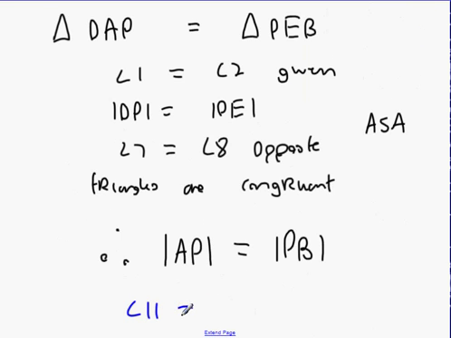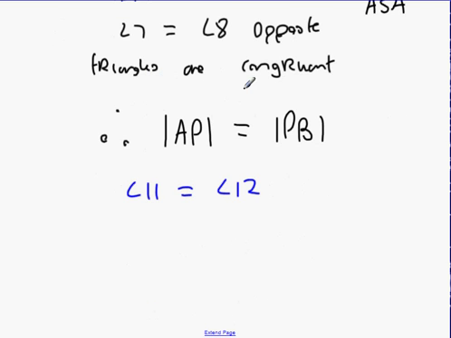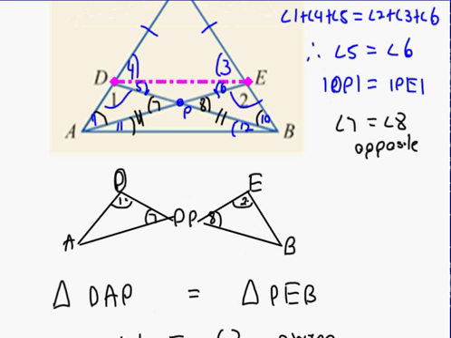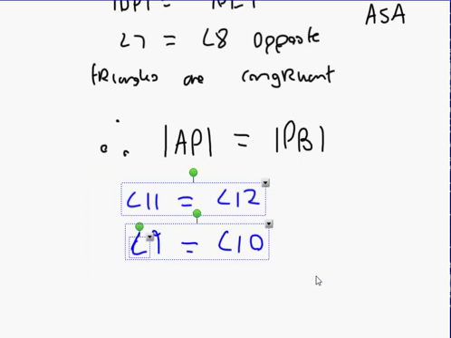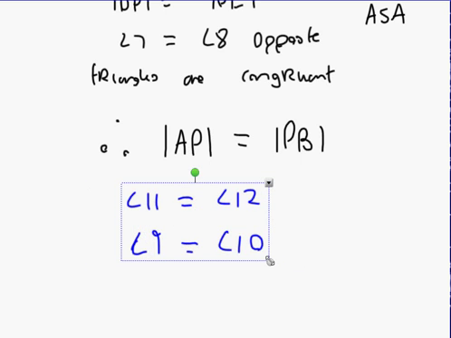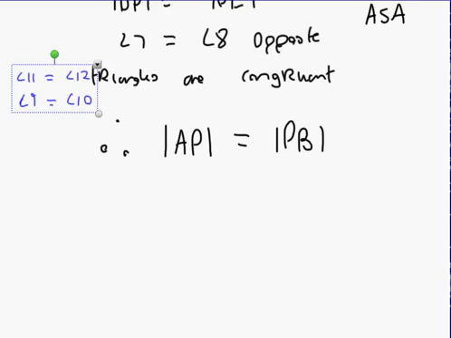Angle 11 equals angle 12, and angle 9 equals angle 10. Now, if you go to what we're really trying to prove at the very beginning, I'll just group this together and make it smaller.